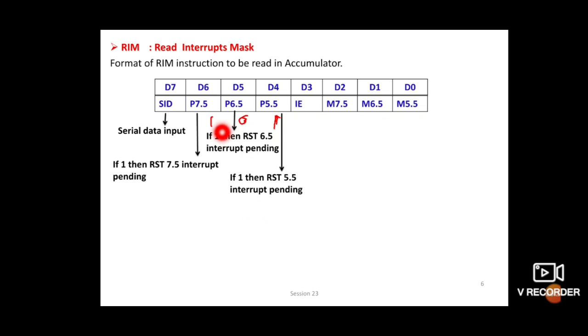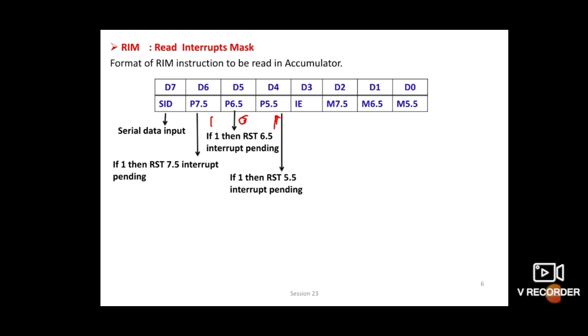Means if at a time only 3 interrupts are sending to the microprocessor, the microprocessor accepts only one, and the other 2 interrupts may be in pending position, depending on this 1 or 0 bit. Understood student? What is P7.5, P6.5 and P5.5? P means pending.